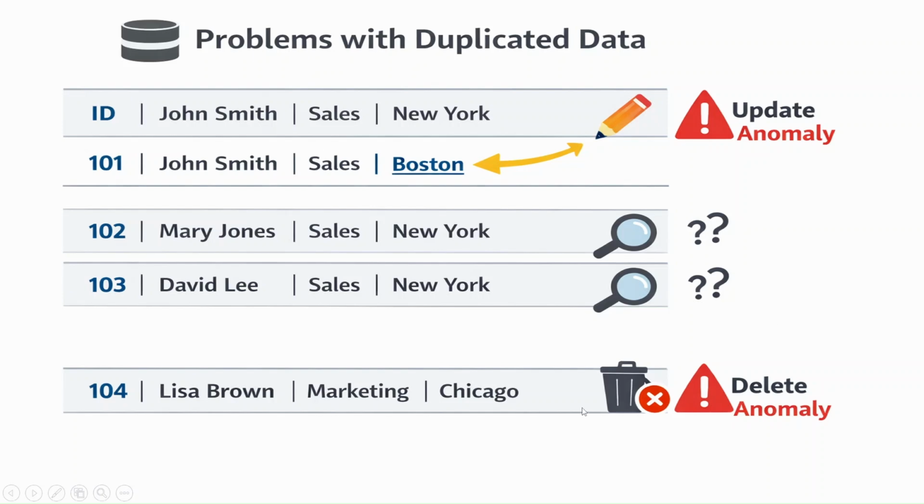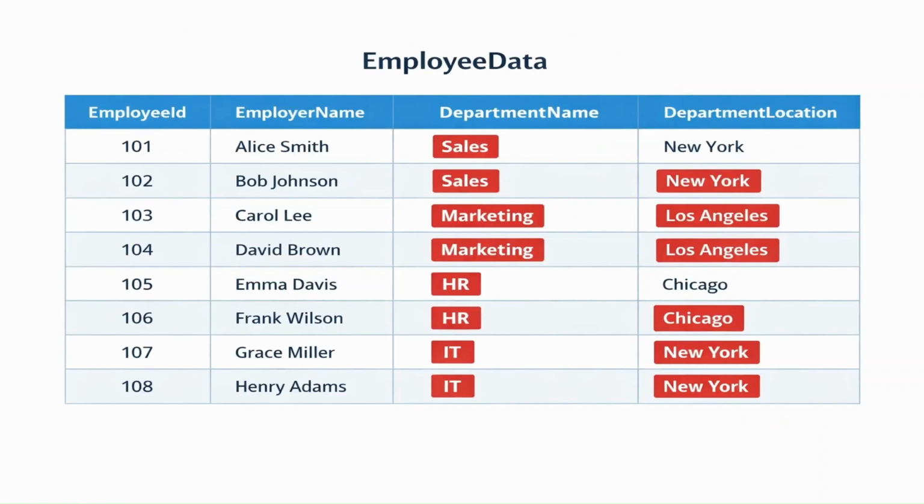Now let's take an example of delete as well. Let's say I want to delete the Chicago location. As you can see in this table, I have the Chicago location in two rows. So I need to delete these two rows' cells, which is not correct. For delete and update, I need to perform multiple update and delete operations.